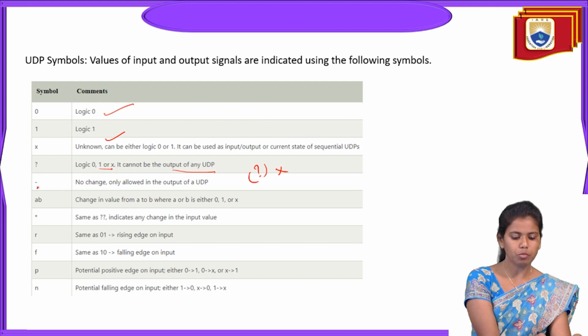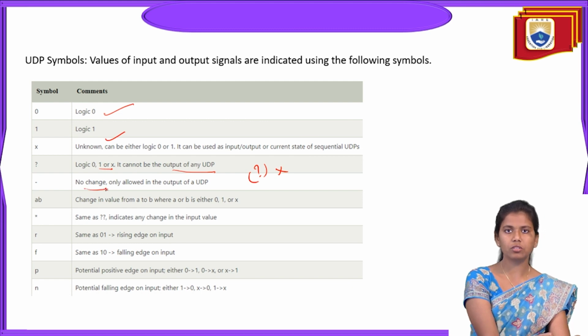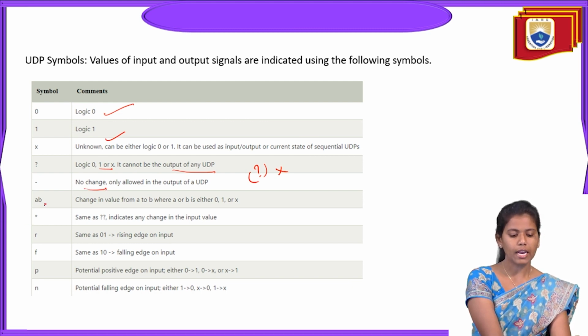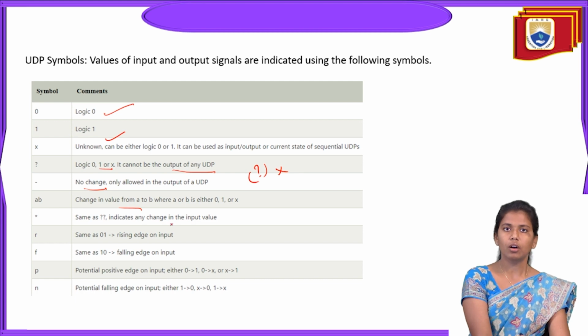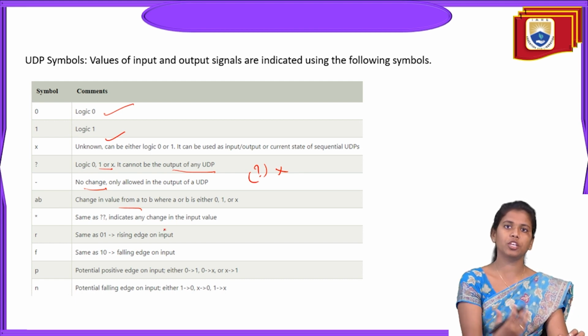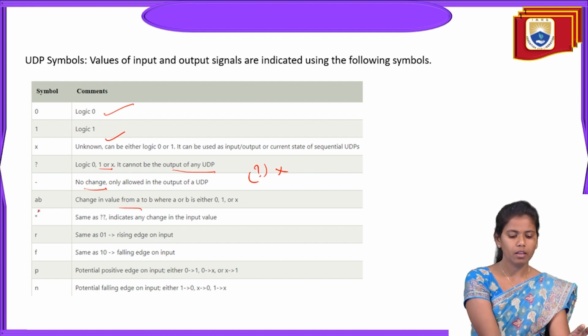Then a small dash means no change. And if it is AB, a change in the value is allowed from A to B. If alterations can occur between A and B, then you can write the change as AB.